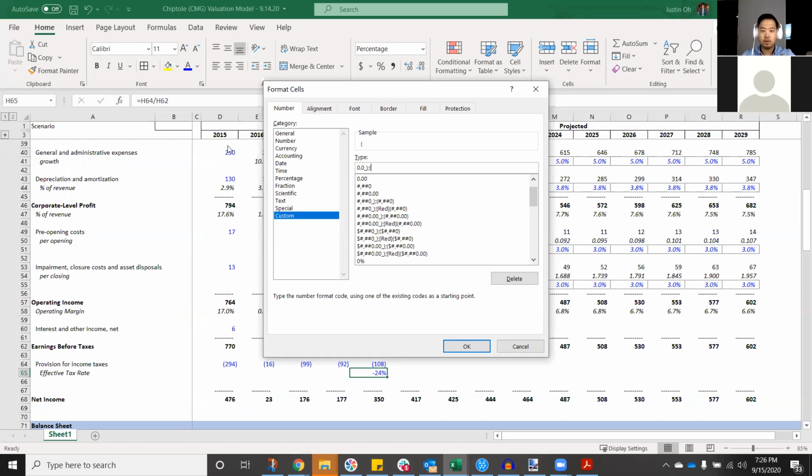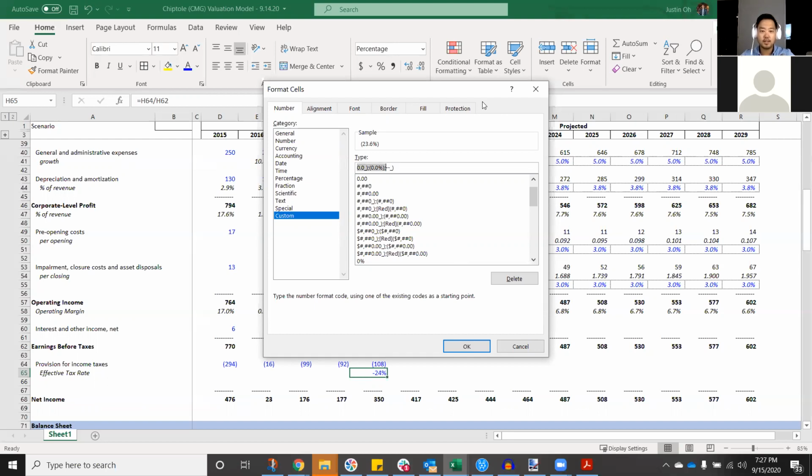There's no pre-stocked Excel format for this, but when it's a negative percentage, I like it in brackets. And then you add this to the end of the positives so that it aligns with the negatives. I don't know how else to explain it.